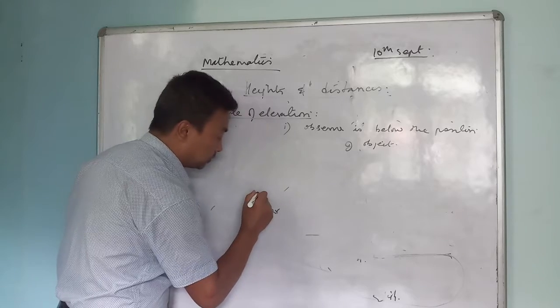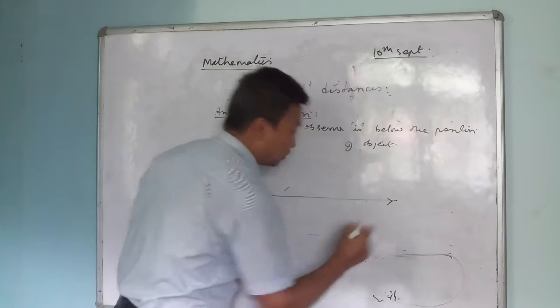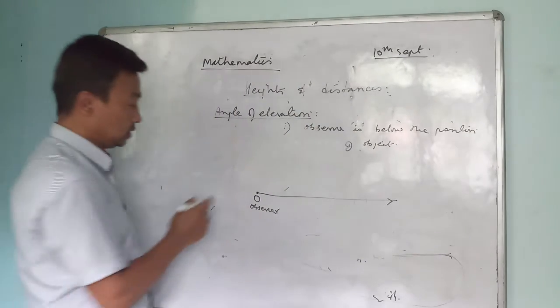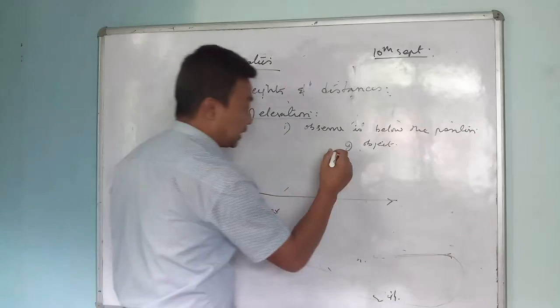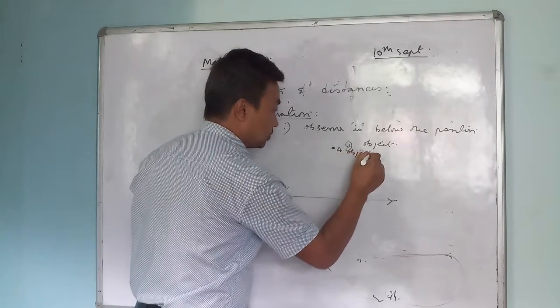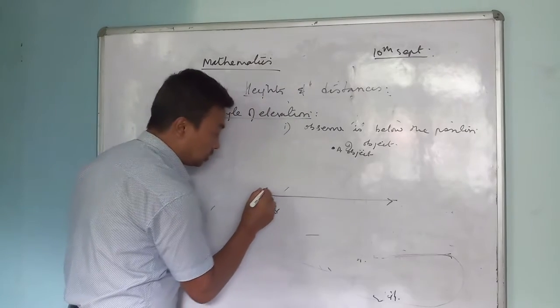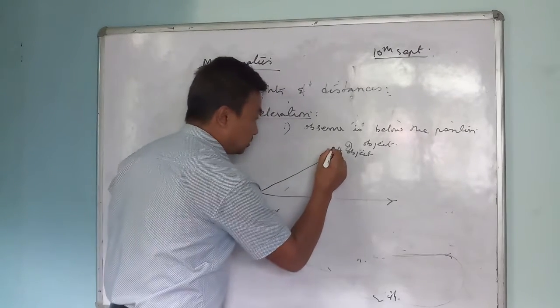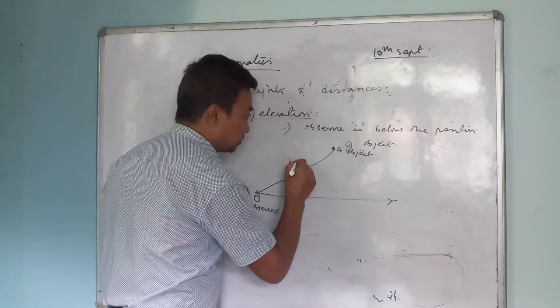From the observer, you first have to draw the horizontal line, which is very, very important. Let us say A is the object, and from the observer you make an angle. This is called the line of sight.